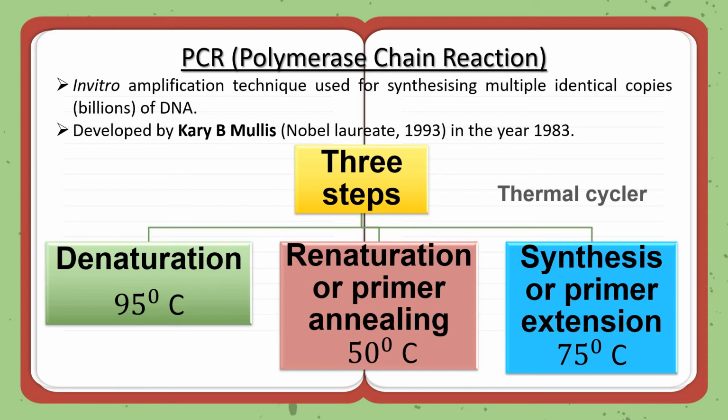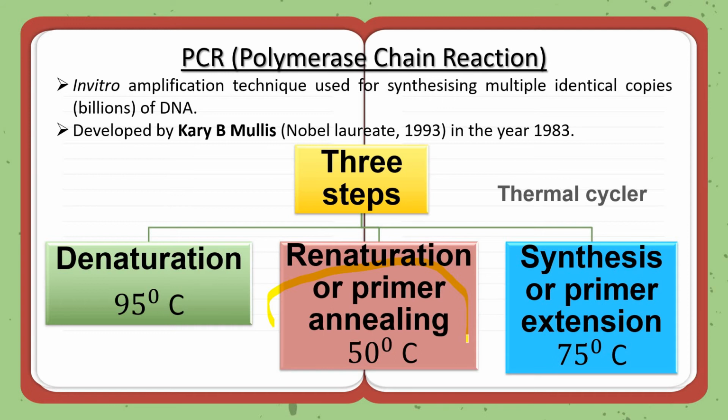It was developed by Kary Mullis. He was a Nobel laureate in the year 1993. The entire process has three steps. One is denaturation, second is renaturation or primer annealing, and third is synthesis or primer extension.